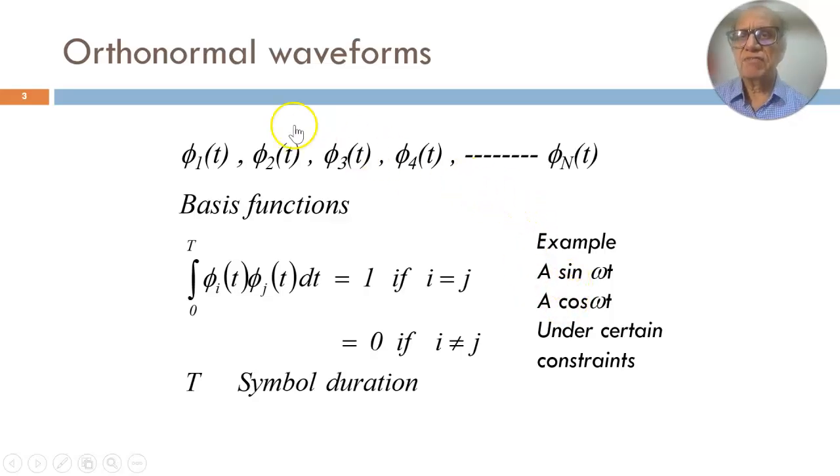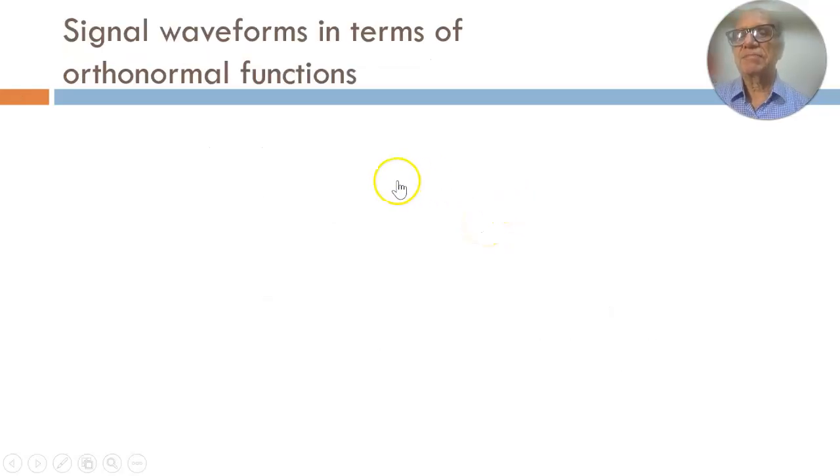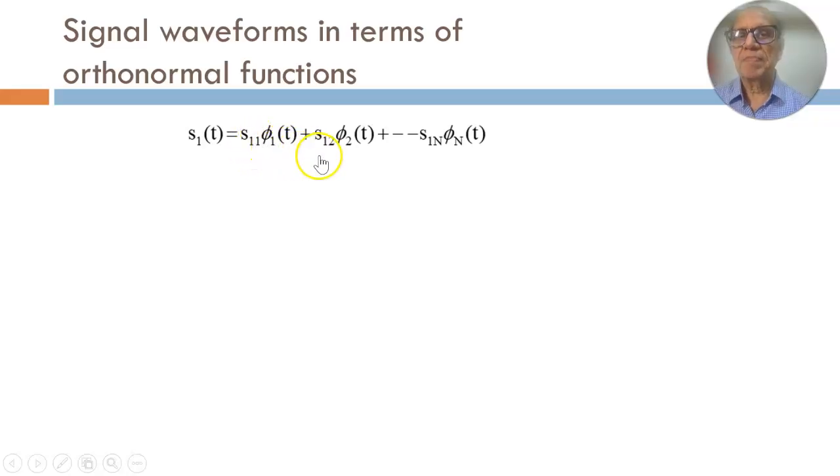Now we have said that we use orthonormal waveforms in order to generate our signaling waveforms, that is S1(t), S2(t) and so on. So how do we generate them? Let us see the equation for that. Suppose I want to generate S1(t) using the orthonormal waveforms. Then I select S11, which is the coefficient of Phi1(t), select S12 as the coefficient of Phi2(t), and so on.